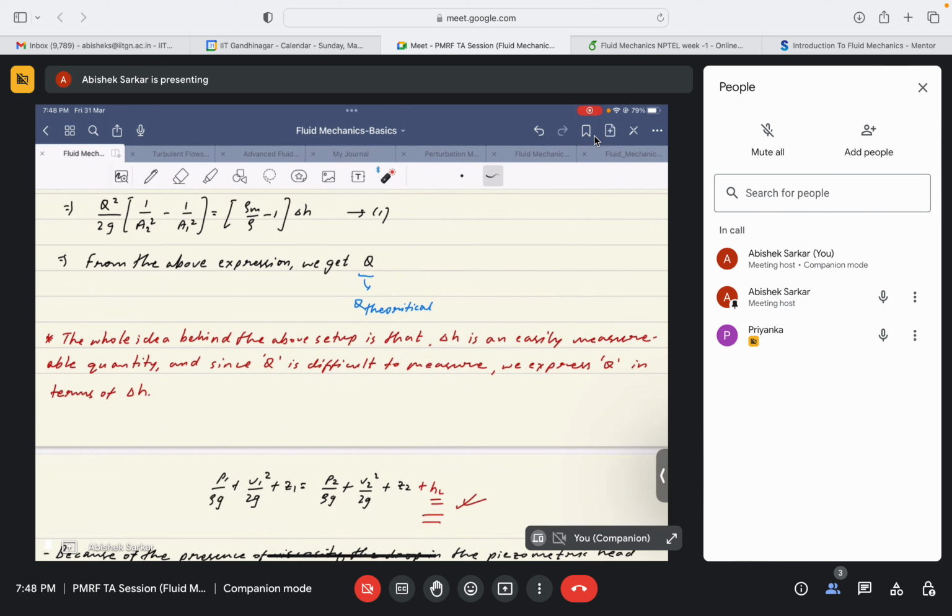No, sir. Generally, it is mentioned in class that due to head loss, there will be some loss in water. Yeah, there would be some amount of water. I'm not sure if I'm conceptually correct or not.